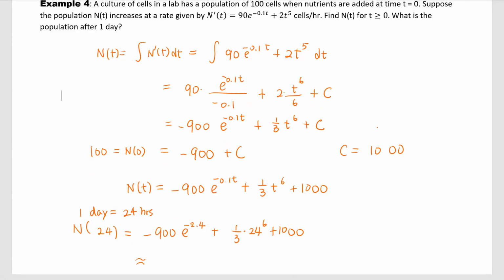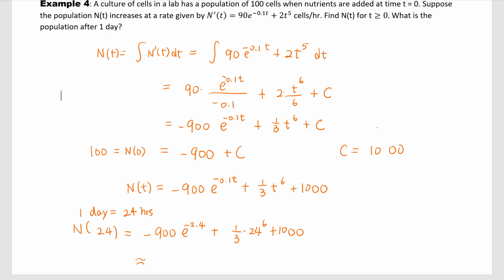Okay, let's try again. I don't want to get a negative number. I need to change the problem because I got a negative number, which does not make sense, right? So let's do it again. Negative e to the minus 2.4 and plus 24 to the 6 over 3 and plus 1,000.